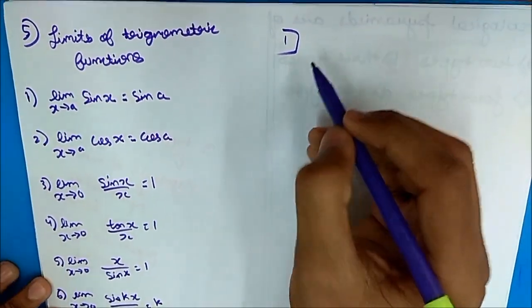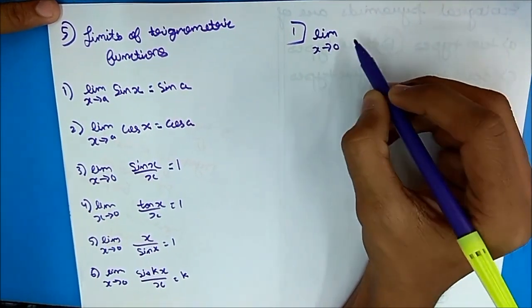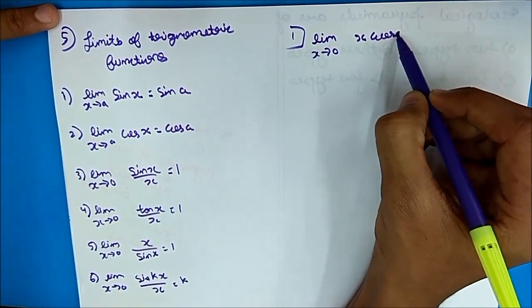The first sum will be limit x tends to 0, x cosec x.